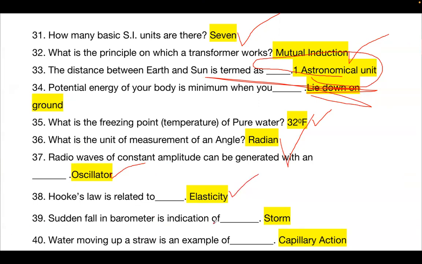Sudden fall in barometer is indication of storm. Okay. Water moving up a straw is an example of, it is due to capillary action. Okay.